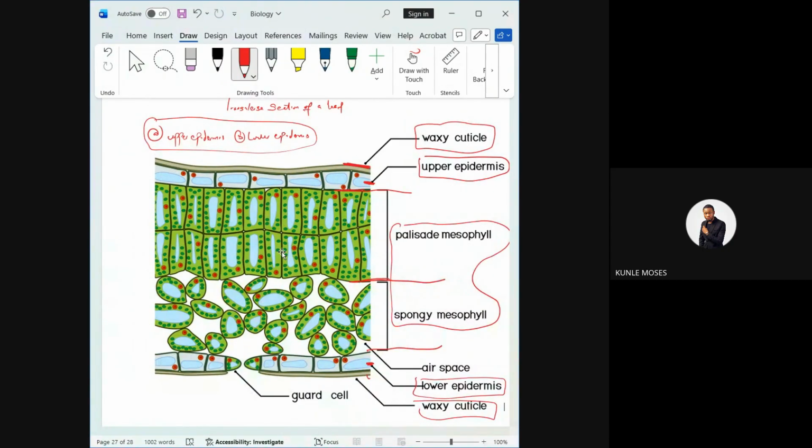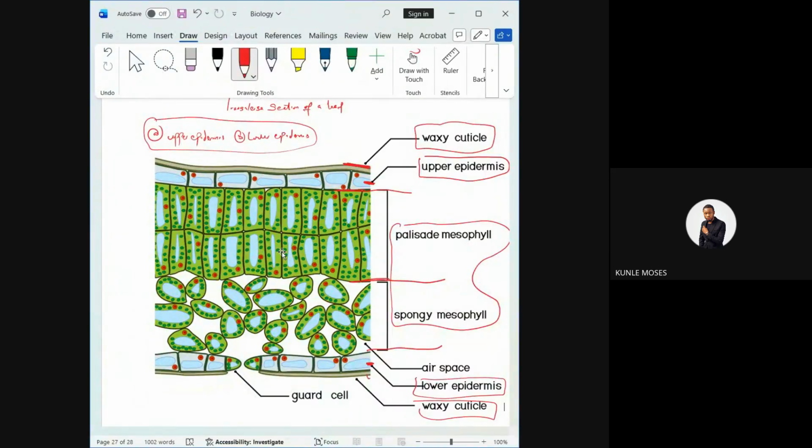I said wasi cortical, they are the external region. The epidermis, they are the external region. The mesophyll, they are the external region. Those are the things I said. And I said the wasi corticals can either be in the upper region or the lower region. The epidermis, we have upper epidermis and the lower epidermis. We have the mesophyll, the palisade and the spongy mesophyll.